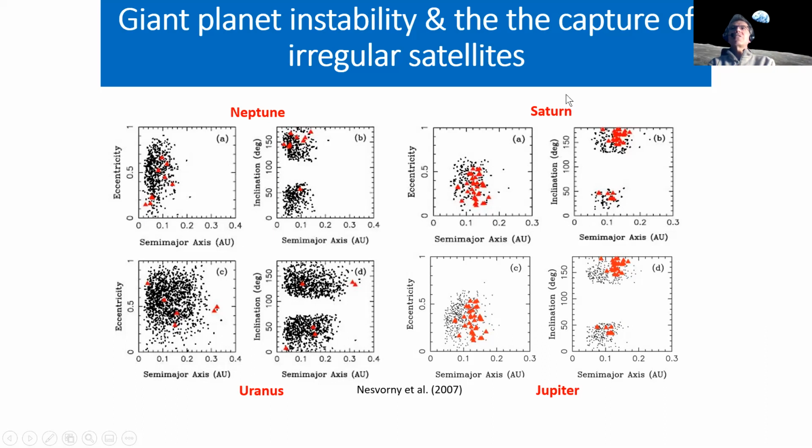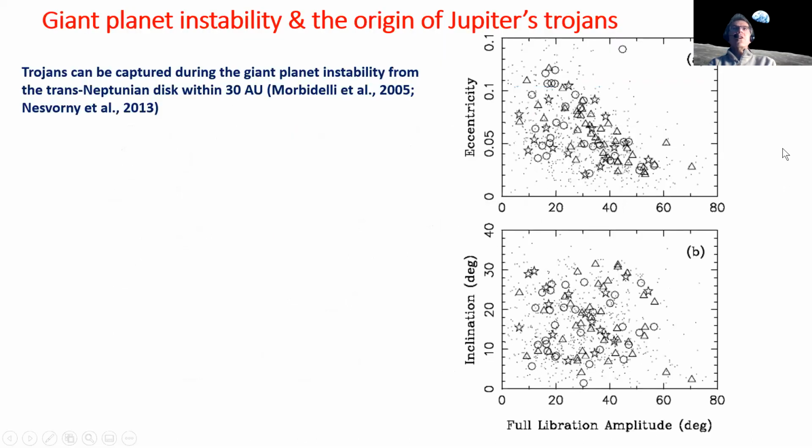And this is semi-major axis versus inclination. So you can see you have the prograde clump with inclinations less than 60 degrees, the retrograde clump with inclinations larger than 130 degrees. And the match is simply stunning for all of the planets. And this is the only process that has been shown so far to reproduce the orbits of the irregular satellites so well.